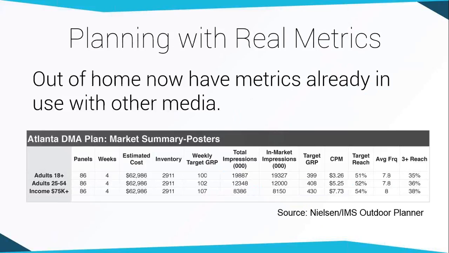So this is a sample of what we are looking at. If we're a planner, we can see these different numbers on our planning software. This is from Nielsen IMS, and this is important because we're actually now able to see, if I was going to do 100 weekly GRPs, how much would that cost me?